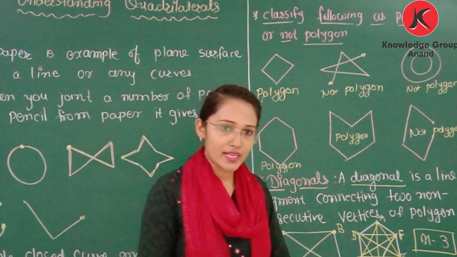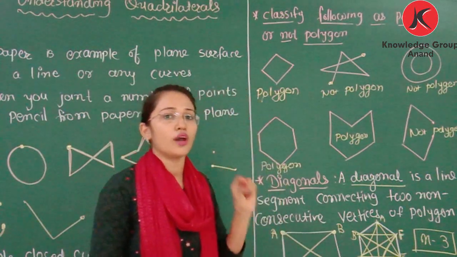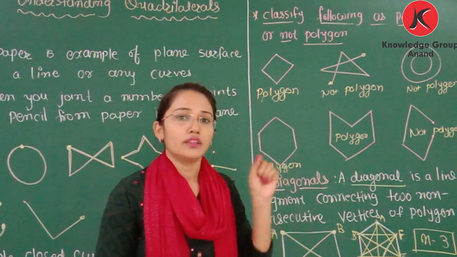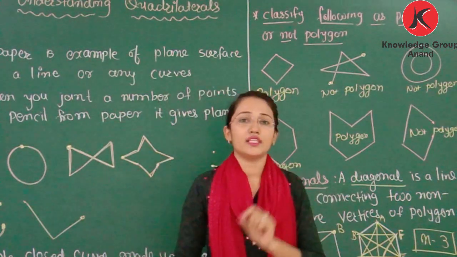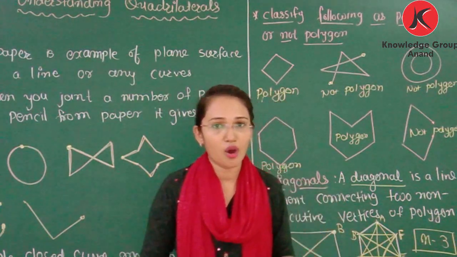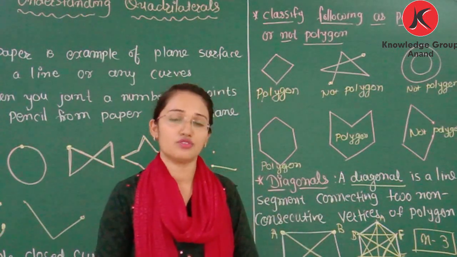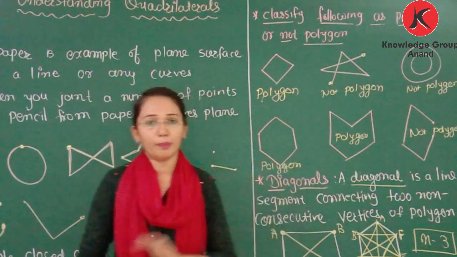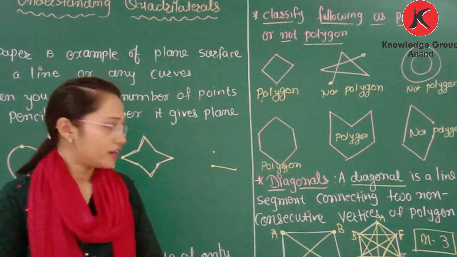A diagonal is a line segment that joins non-consecutive vertices. Non-consecutive vertices means the points that are not adjacent. Any other line segment we draw apart from the sides is called a diagonal.